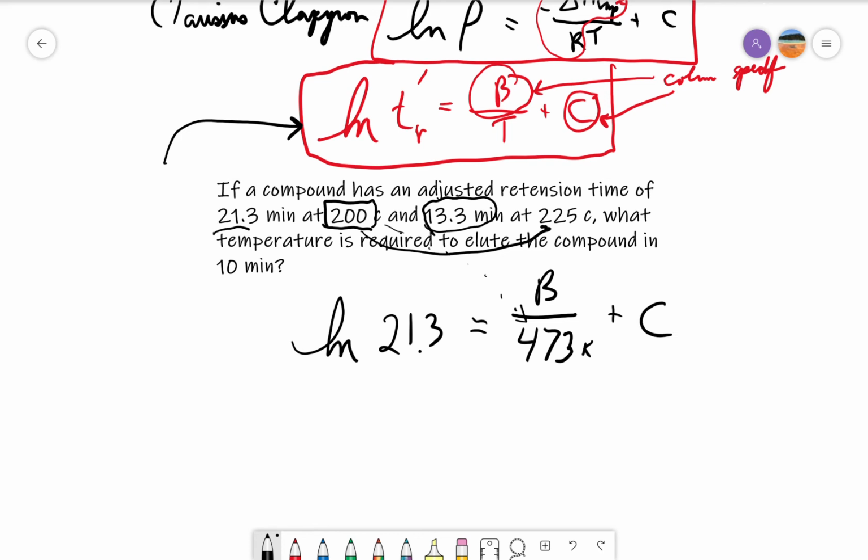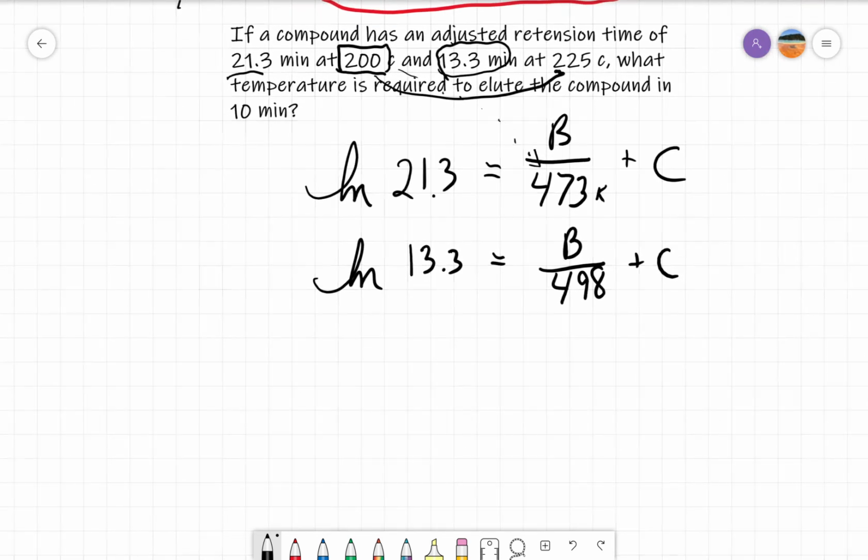So we have that equation, and we also know that the ln of 13.3 is equal to B over 498 plus C. Look, we have two equations and two unknowns.